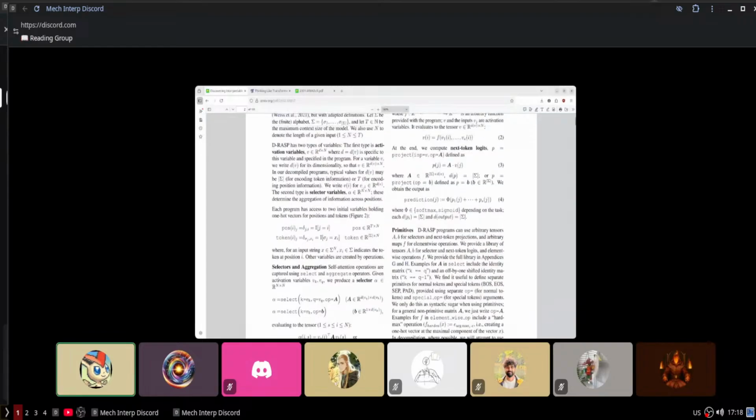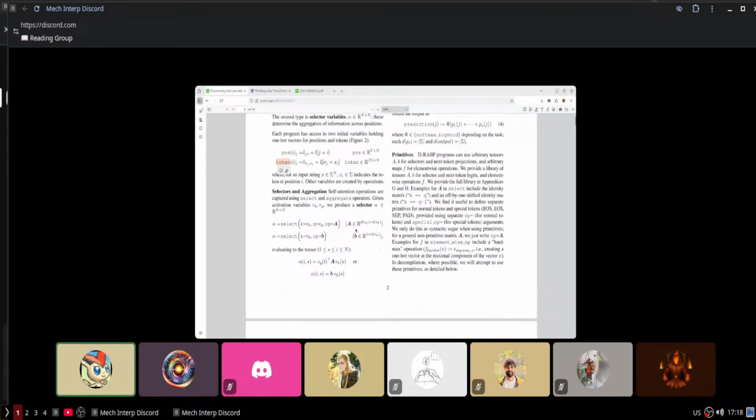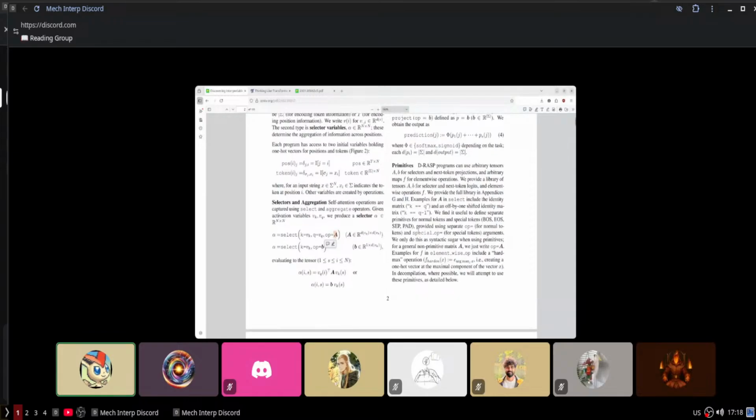Oh no, I mean that here the positional is a one hot embedding and tokens are one hot embedding, but since A is an arbitrary matrix, it doesn't have to be a one hot encoding, right? In fact, the input is a one hot encoding, but the output doesn't have to be.